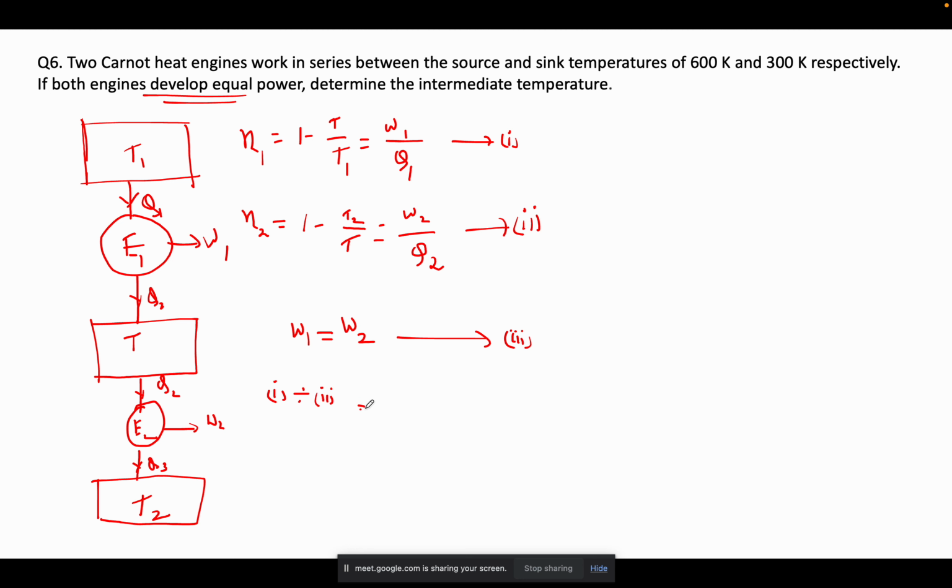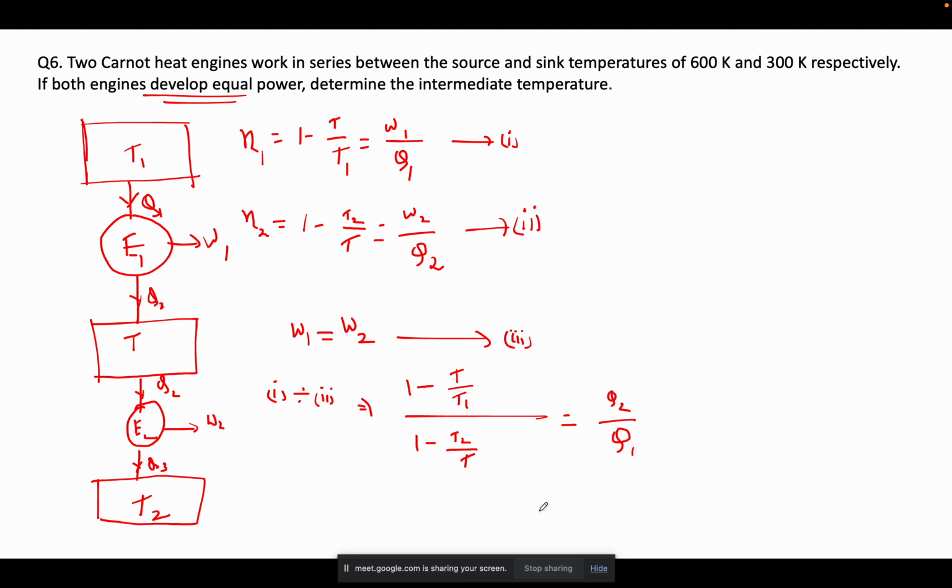I will get (1 minus T by T1) divided by (1 minus T2 by T) is equal to, W1 will get cancelled, basically Q2 divided by Q1.